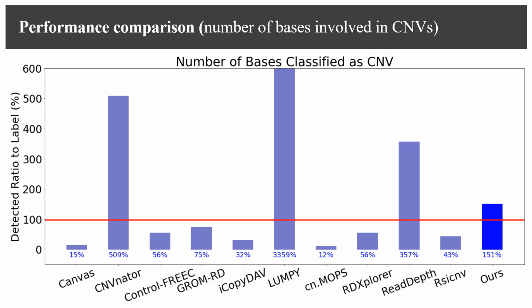We computed the number of bases that are labeled as CNVs. Compared to actual bases labeled as CNVs, while one tool predicts CNV bases 33 times more than actual CNV bases, our model predicts 1.51 times more than the actual bases.